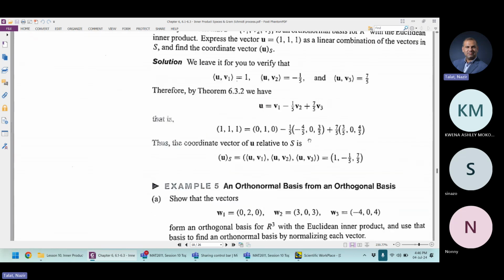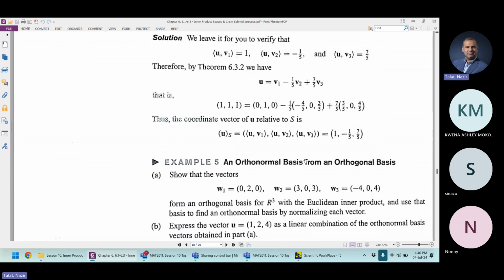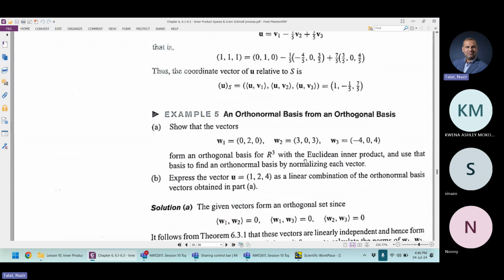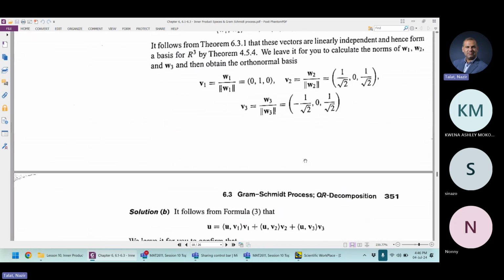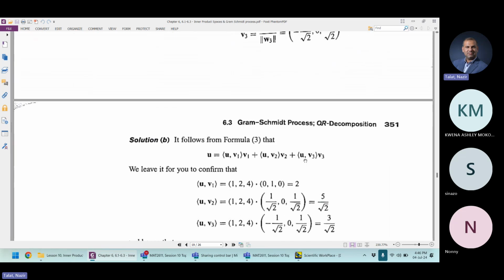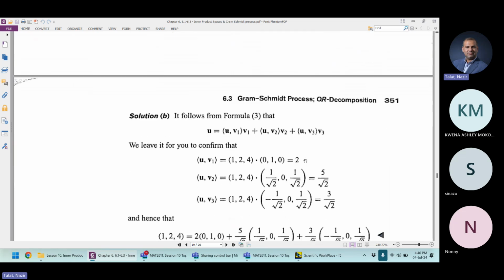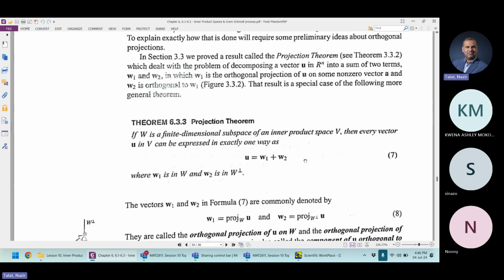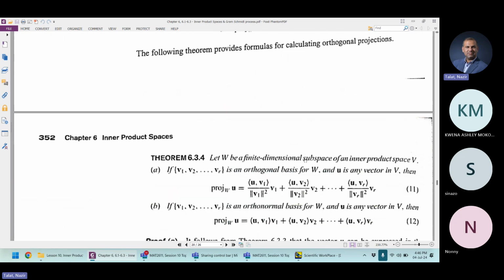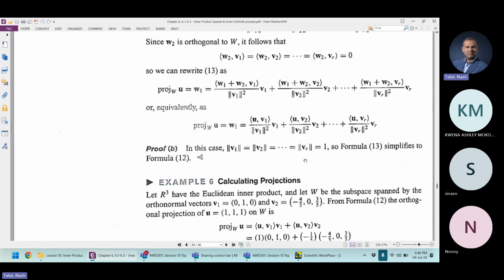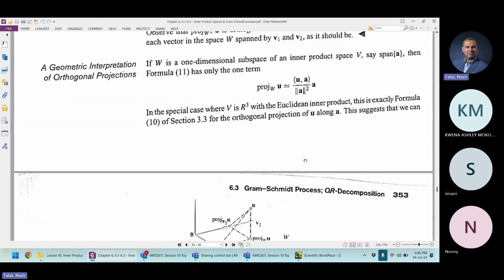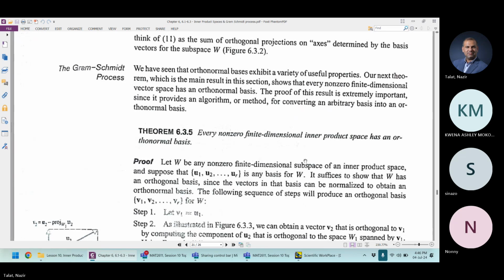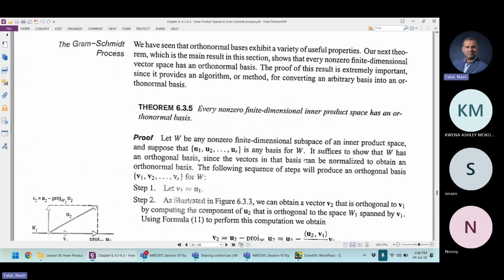For instance, here one can check that we can get some orthonormal basis, but the question arises: if we have some basis of any vector space, can we find the orthonormal basis? The answer is yes. We have a formula which we can apply to get the orthonormal basis, and the formula is available over here. And there is a method for how to find the orthonormal basis.